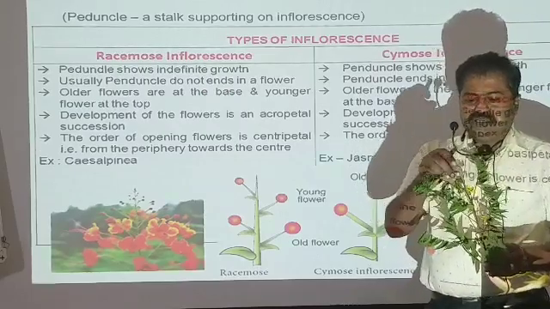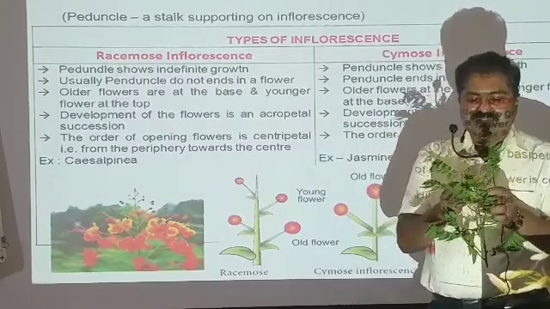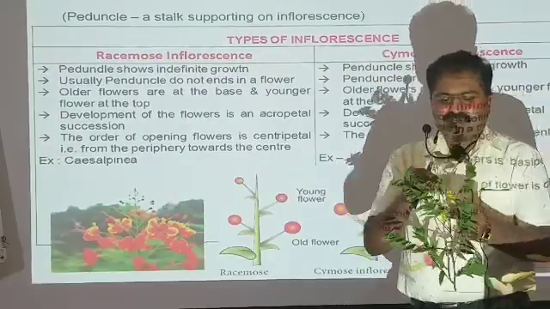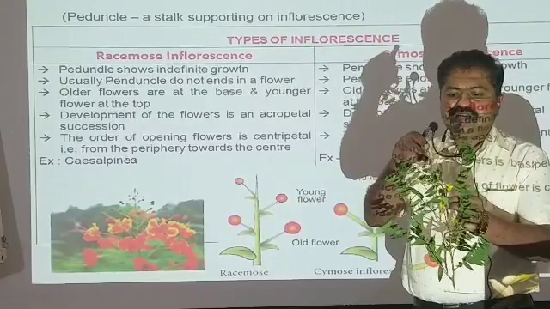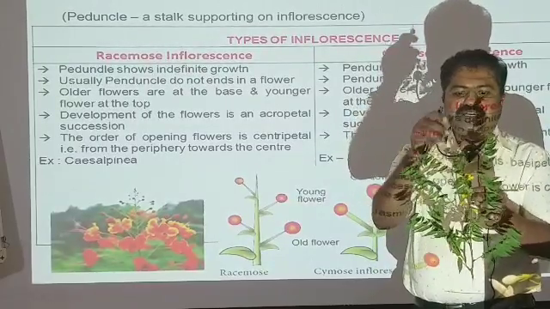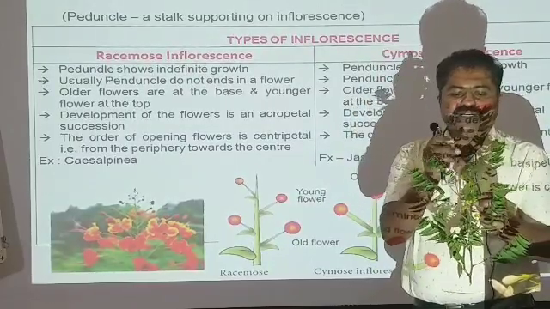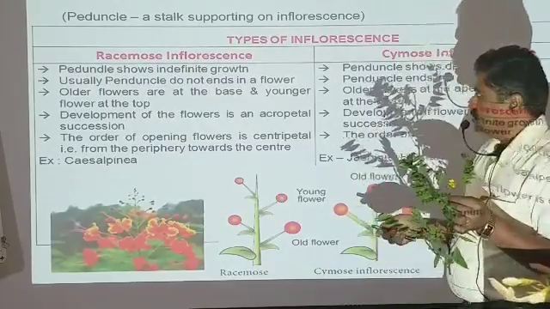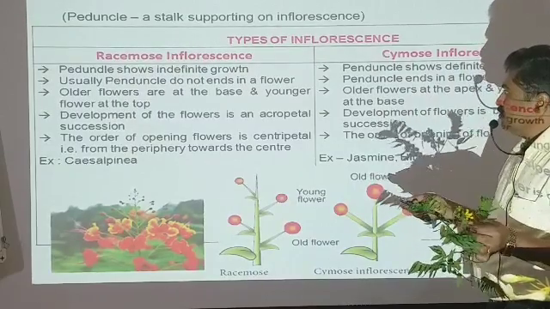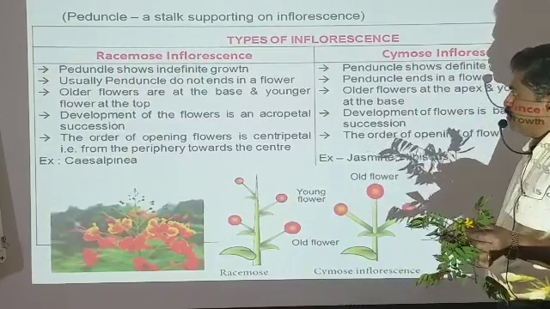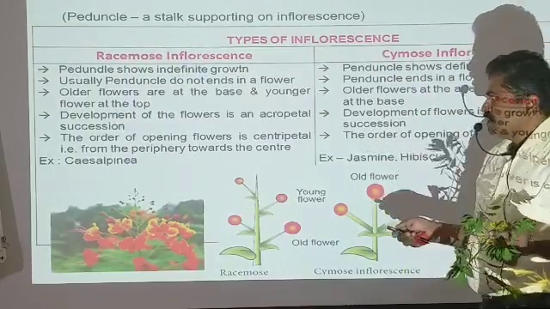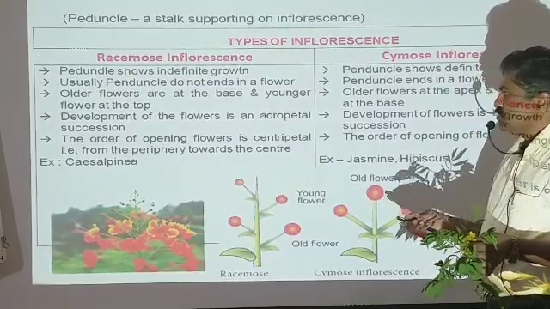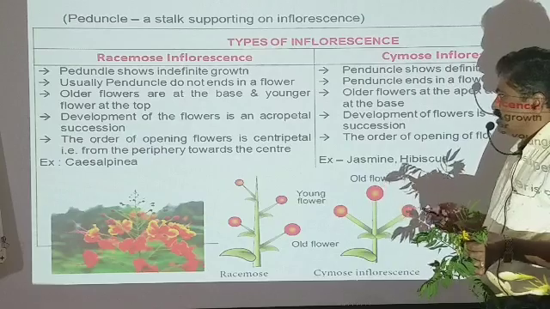In the racemose inflorescence, one thing you should remember: the older flowers are at the base and the younger flowers and buds at the tip. The older at the base and younger at the tip region. So the development of the flowers is in acropetal succession, and the order of opening of the flowers is centripetal, that means from the periphery towards the center.